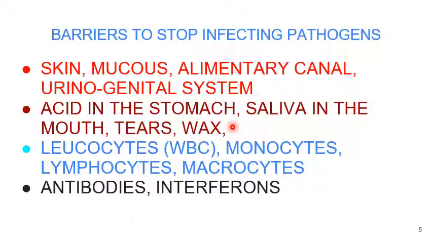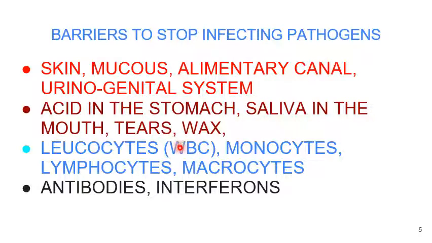The third type is definitely an important one. This happens at the physiological level also, where leukocytes, that is white blood cells, monocytes, lymphocytes and macrophages are all different types of cells produced by our body from the bone marrow.